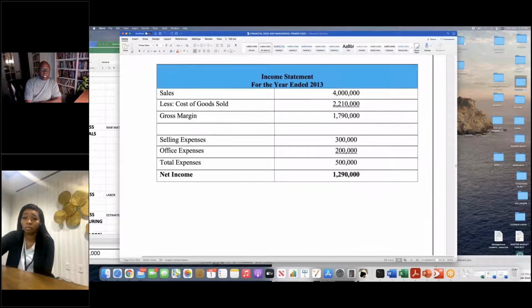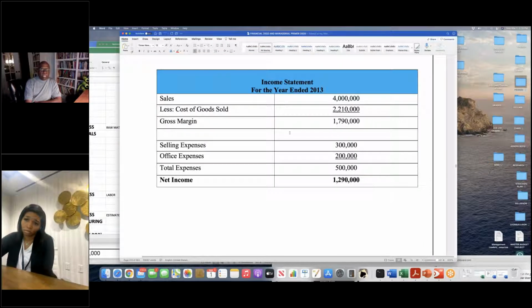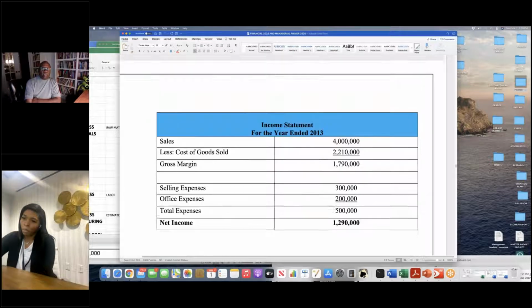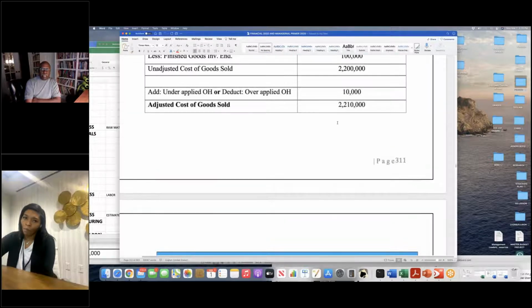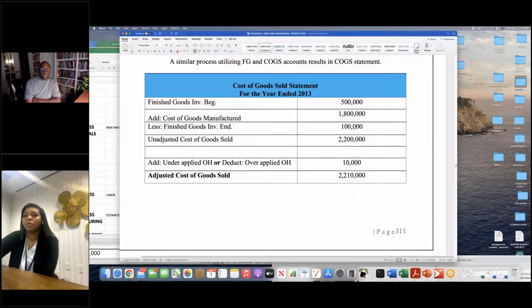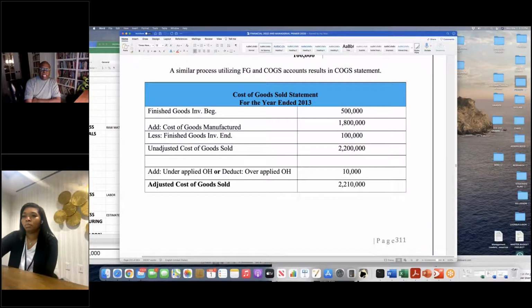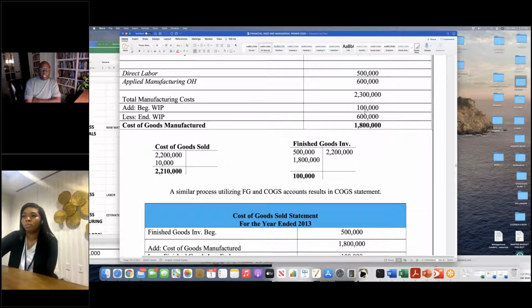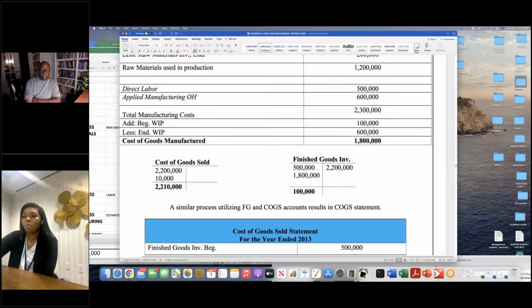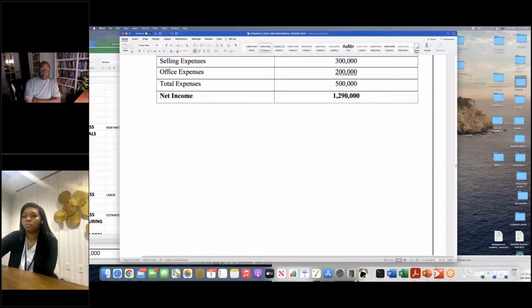Then here's the income statement. The income statement is fairly simple: sales less cost of goods sold, which is coming from the cost of goods sold statement. Cost of goods manufactured, the $1,000,008, is coming from the cost of goods manufactured statement. So the costs continue to flow.